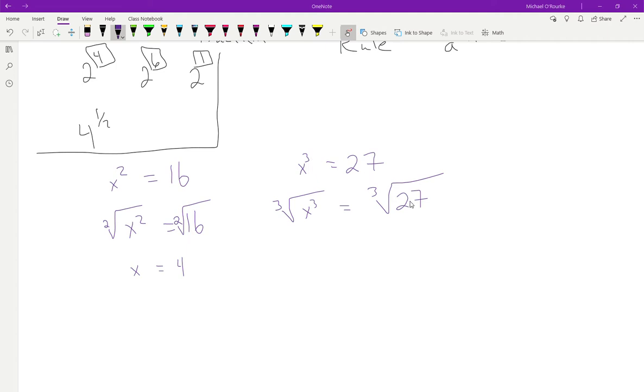Sorry, 3, boom, 27. So the way you use that, you plug in the number first, you press that button, and you press what root you want, in that case 3. The answer here is also 3. So that would be x, because the third root of 27 is 3.